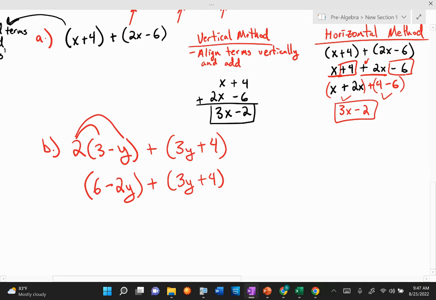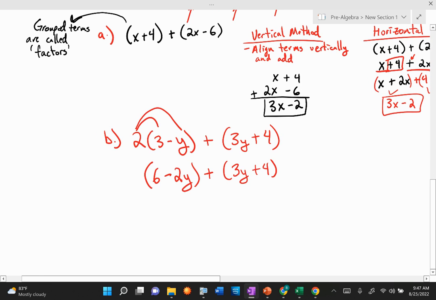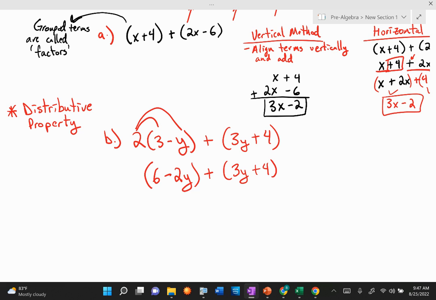Okay. So this property right here is something we need to make note of since we were unfamiliar with it. This is distributive property. Okay. And I'm going to draw right here.